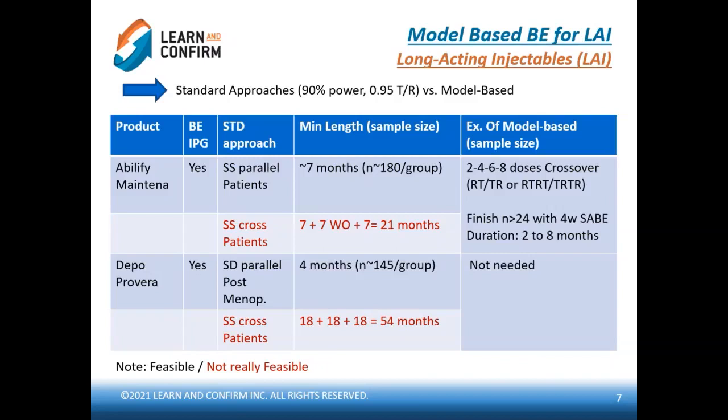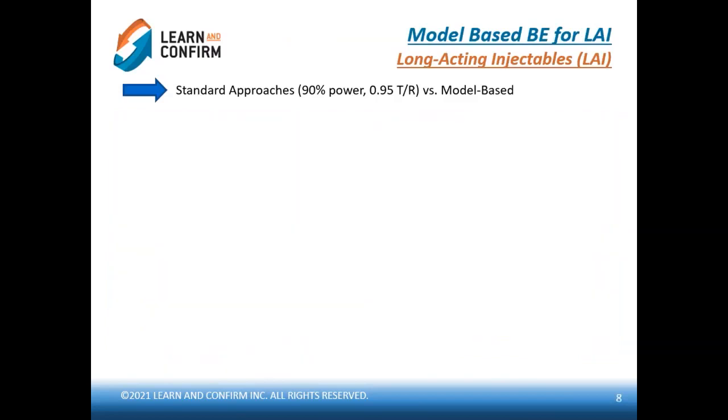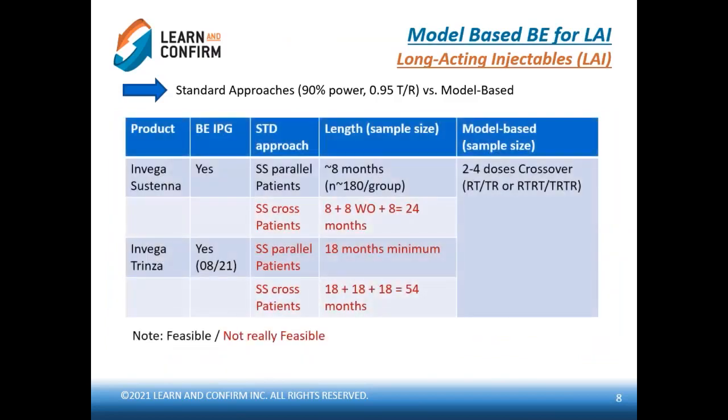And you would only need to finish with n equal 24 or n equal 28 if, for example, you have at least a 4-way fully replicate design, because then theoretically you could use the scaled benefit of the model-based approach in this regard.